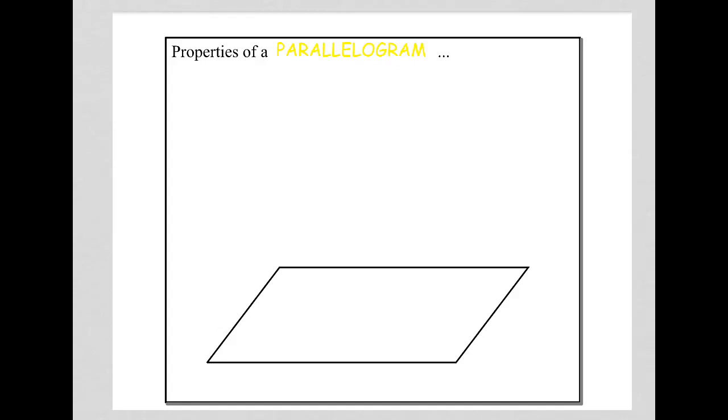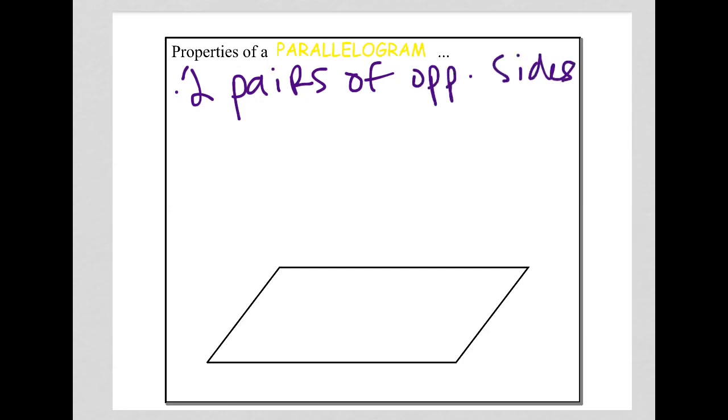Next we have a parallelogram, and parallelograms have two pairs of opposite sides that are parallel, meaning we can then mark these sides as parallel using our parallel symbols.